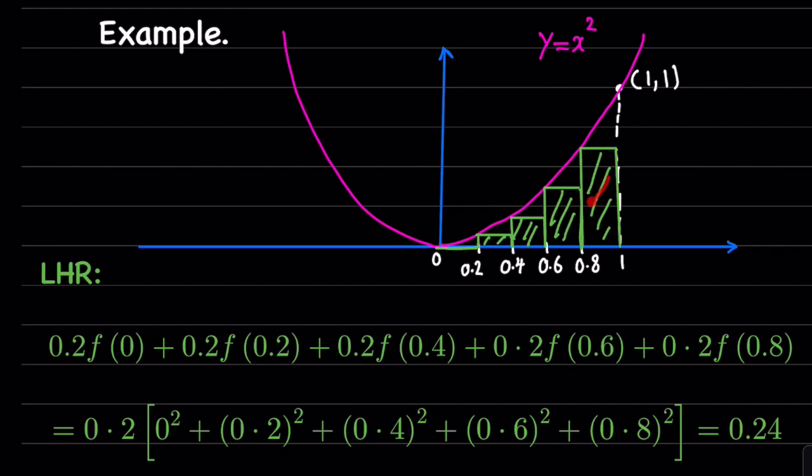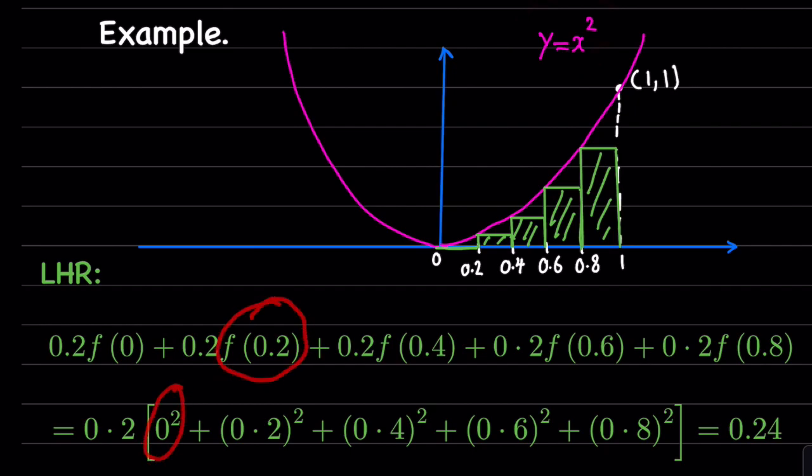And now if you add up the areas of all these rectangles, you're going to get an estimate that will underestimate the area under the graph of the function, but we will have an estimate. So again, similar to the previous example, factor out 0.2 from all these terms, put it outside, and then the value of the function at 0, your function is x squared, so it's going to be 0 squared.